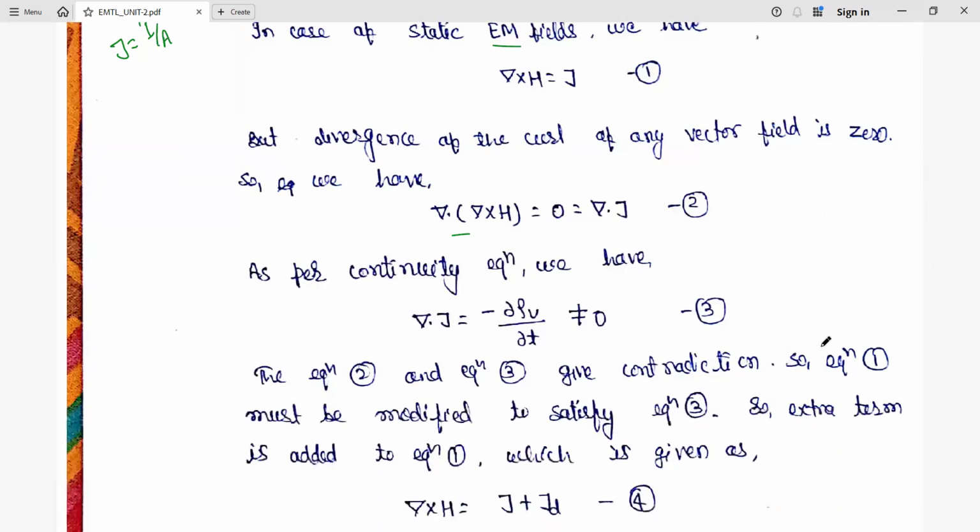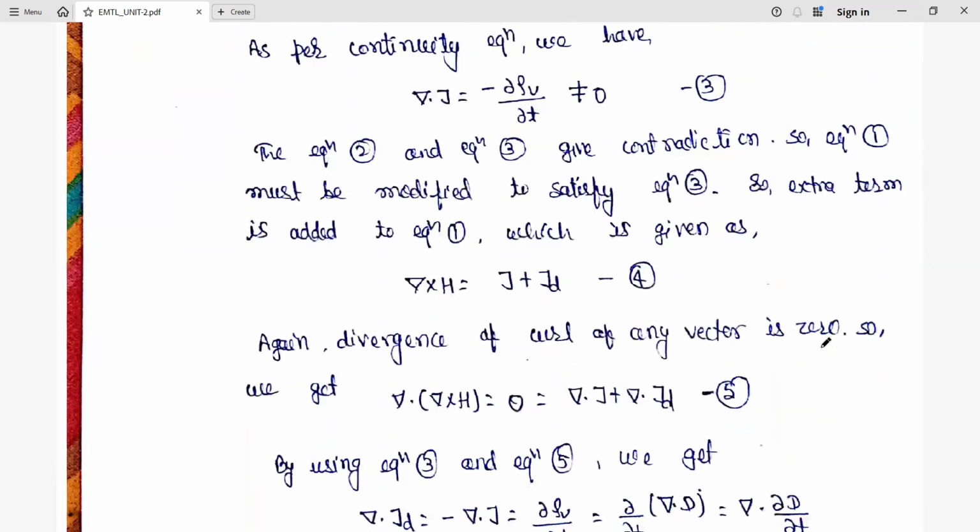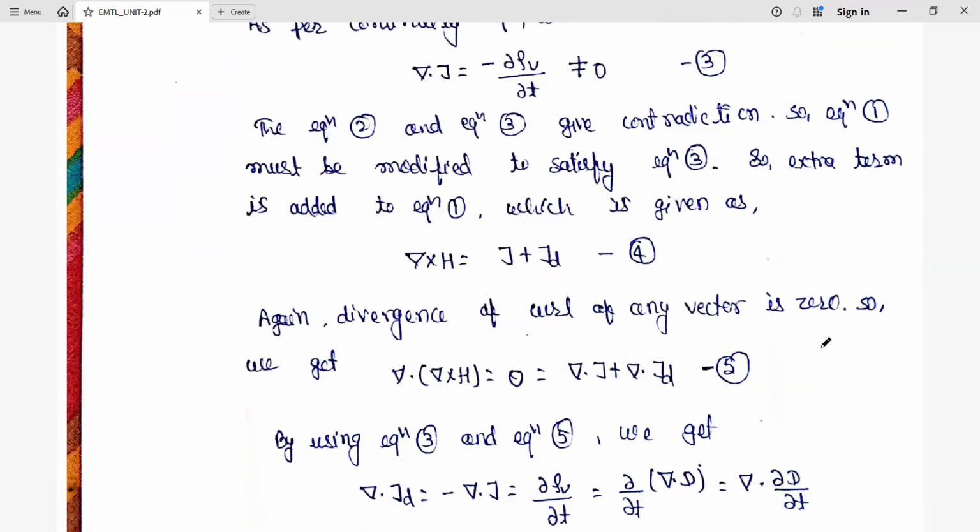So equations 2 and 3 give us a contradiction. Equation 1 that we wrote earlier, del cross H equal to J, must be modified, which means some additional term must be added.